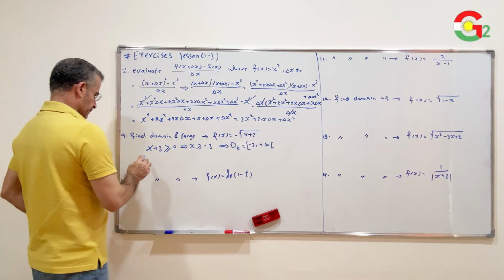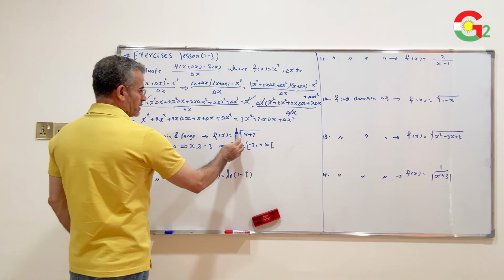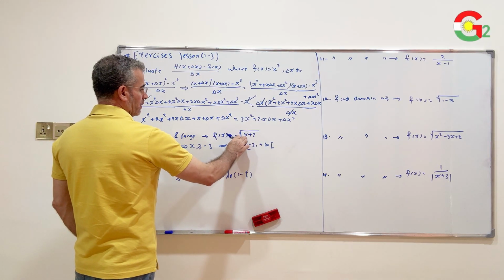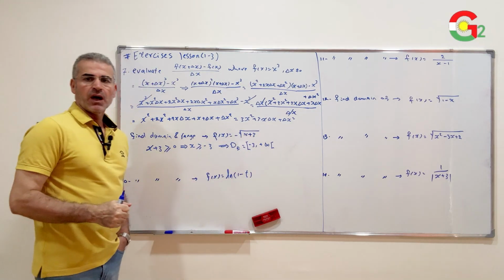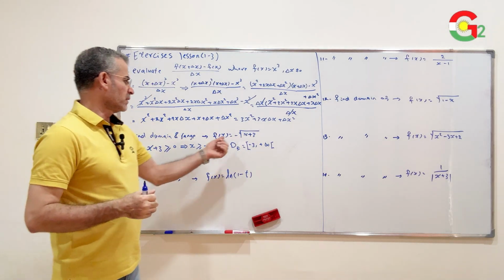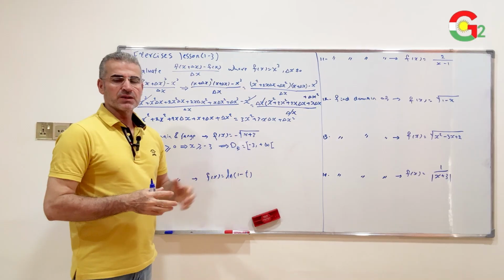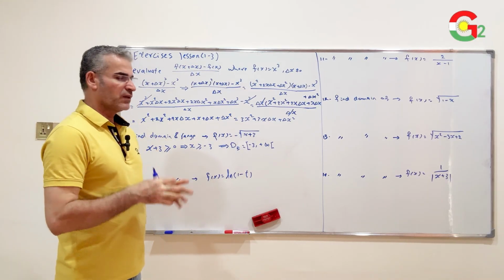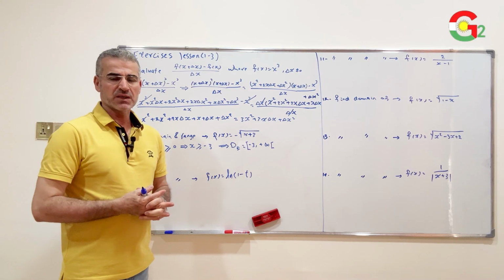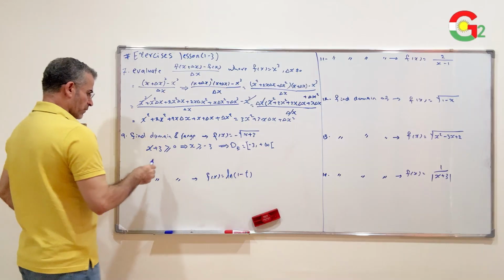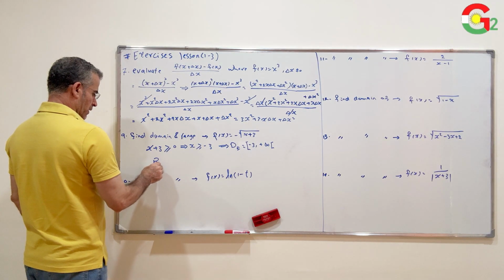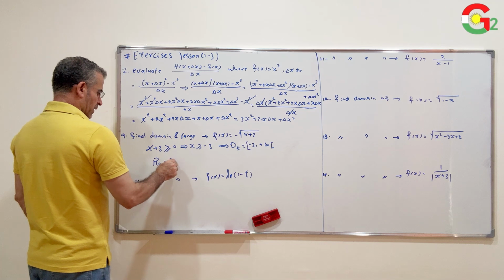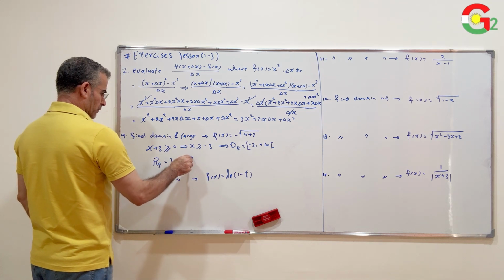For the range, as you know, the range of the function square root of x plus a number is 0 to infinity. But since the square root is preceded by a negative, we have a reflection about the x-axis, and the range will be negative infinity to 0.